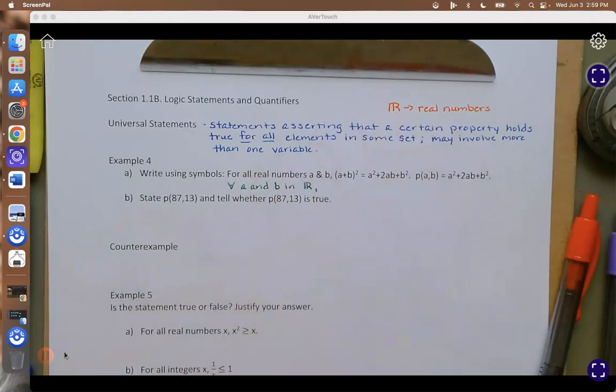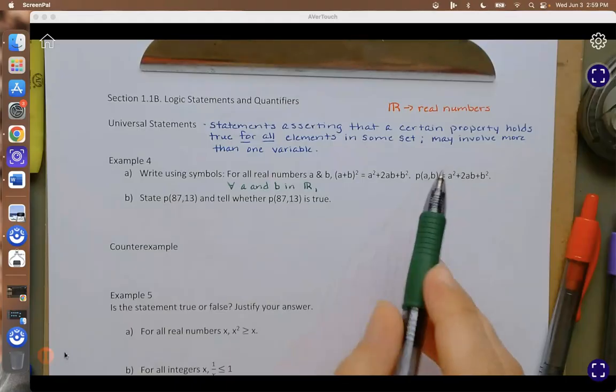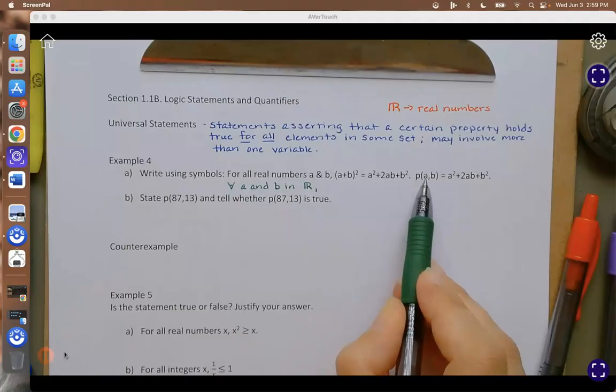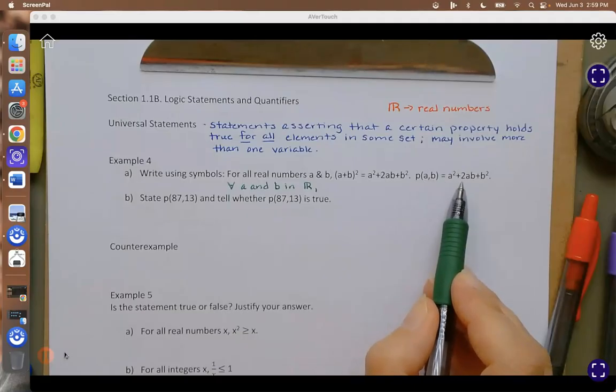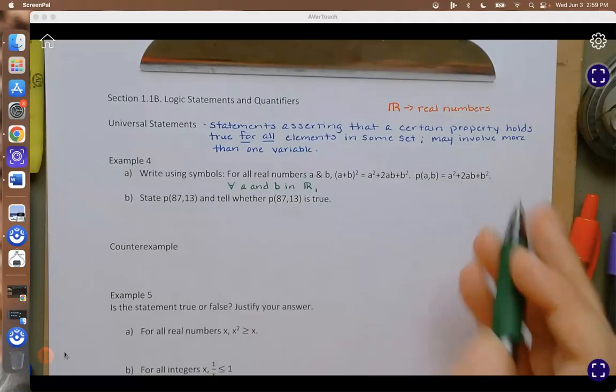Okay, it says A plus B squared equals A squared plus 2AB plus B squared. And P of A and B equals A squared plus 2A plus B squared.